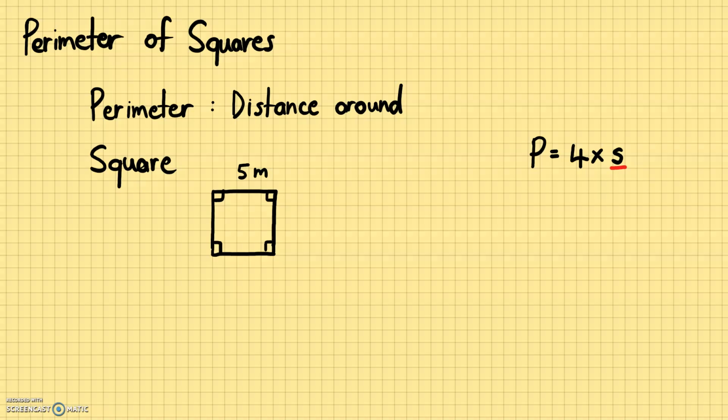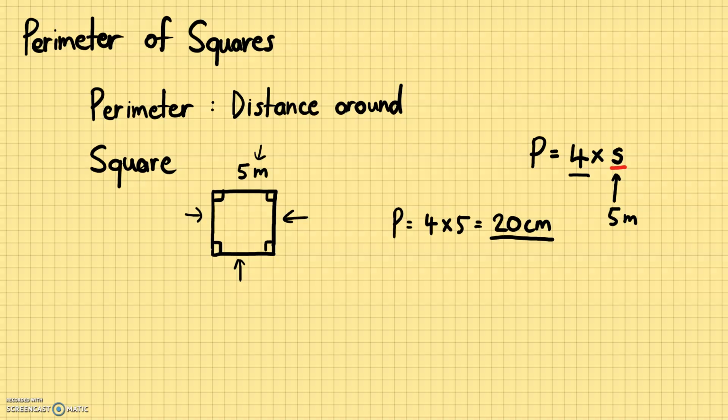Then what is the perimeter of this square? Well, one side is 5 meters, so that means s is going to be 5 meters. And because there are 4 of the same sides, 1, 2, 3, 4 of the same sides, you can just do that times 4. So the perimeter is just going to be 4 times 5, which is going to be 20 meters.